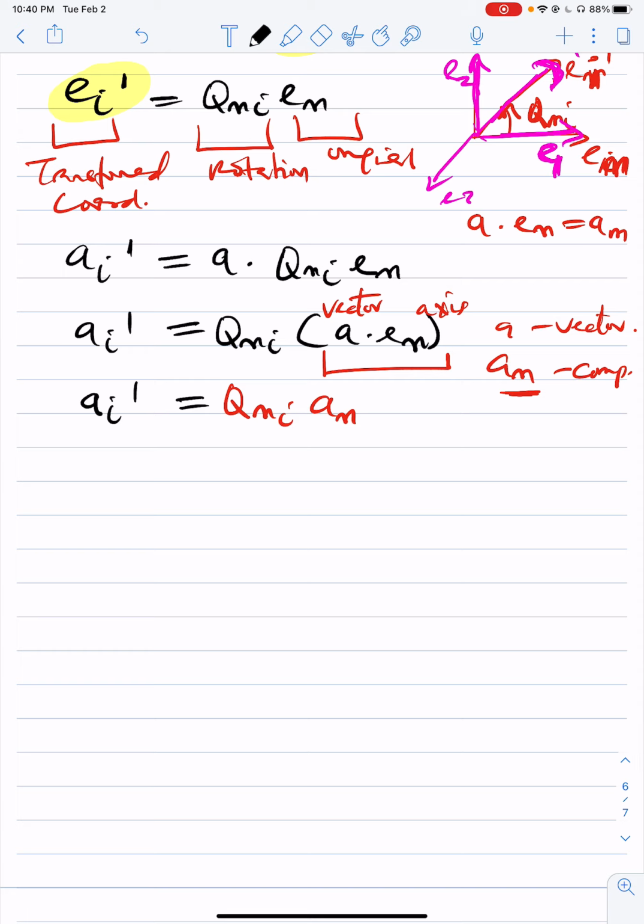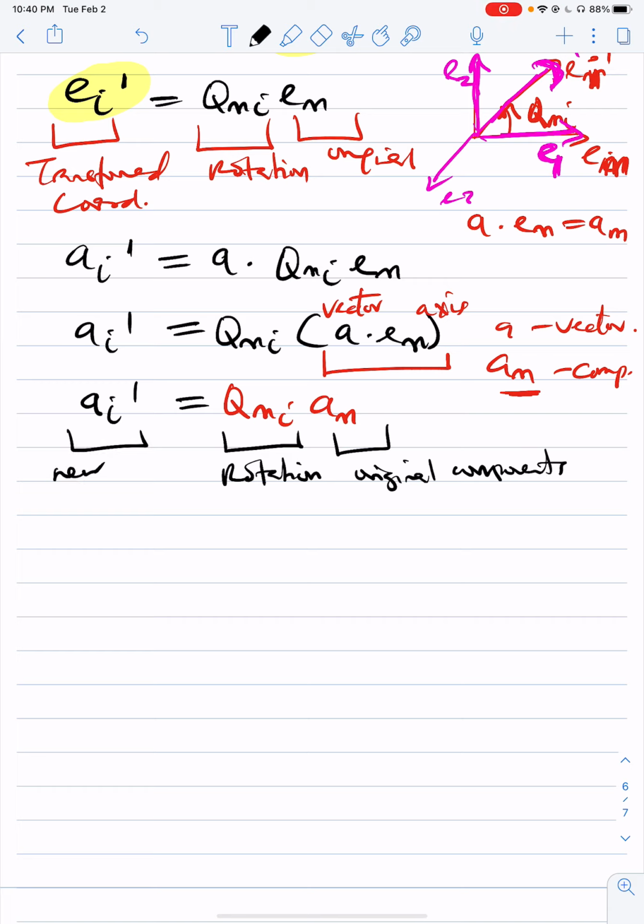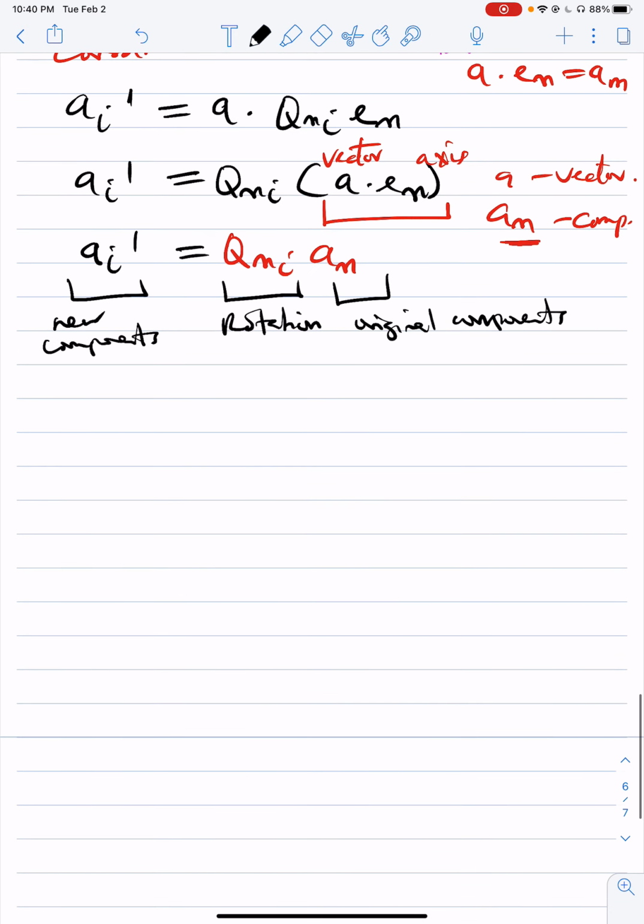So this is a rotation or transformation matrix, right? These are the original components, and these are the new components now. Let me write this out in matrix form: E1 prime, E2 prime, E3 prime.